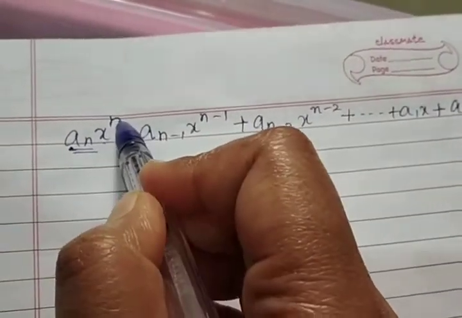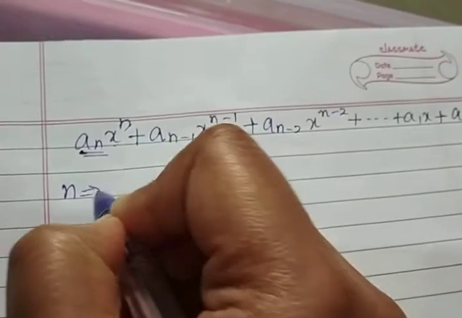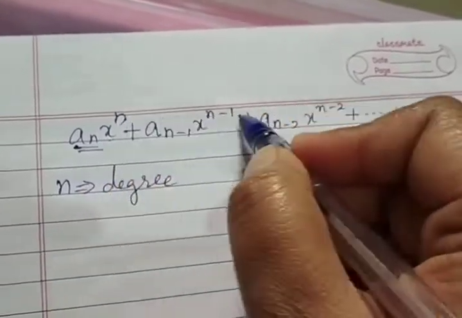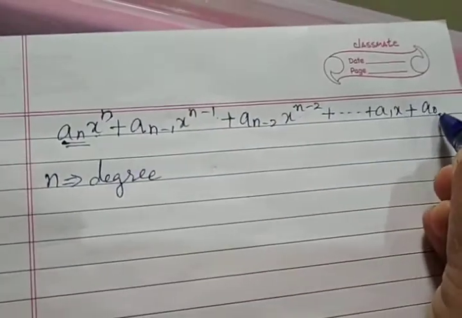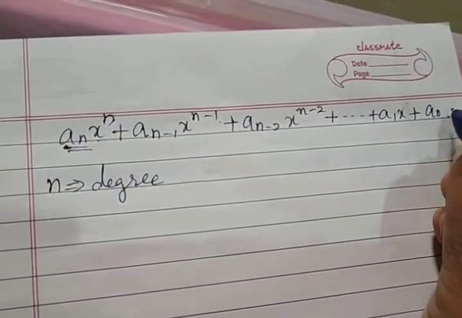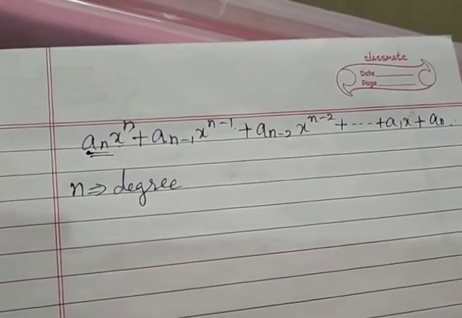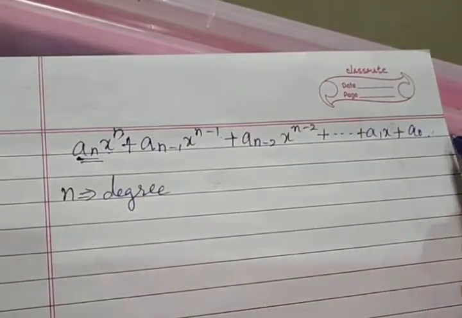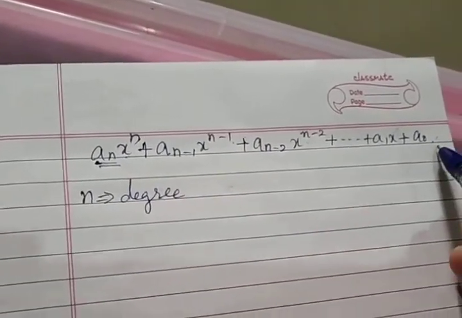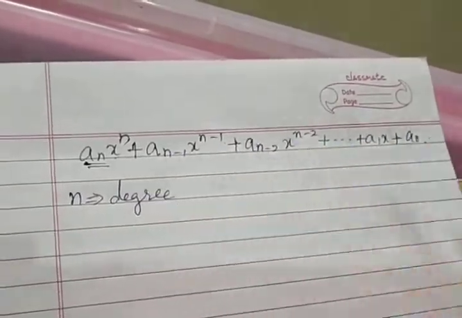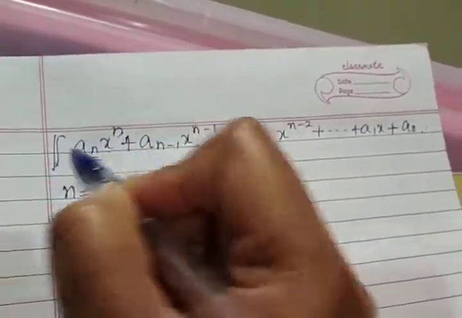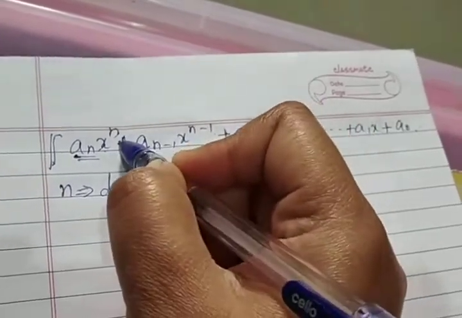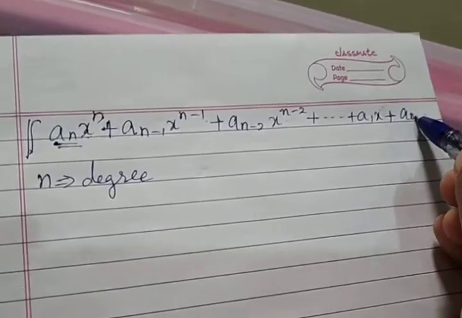The degree keeps decreasing down to 1 and 0. So a polynomial in one variable can be written in standard form with the decreasing order of the power of the variable. So this is it for today. Please remember always that a polynomial in one variable should be written in standard form, starting with the highest power of the variable and ending with the lowest power of the variable.